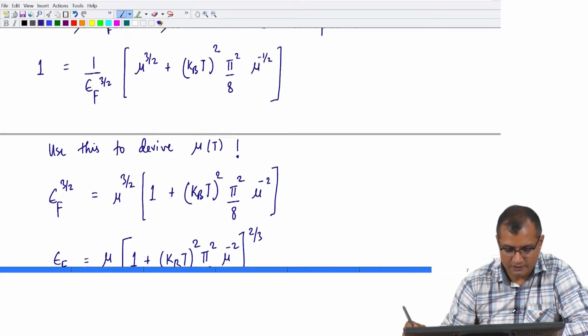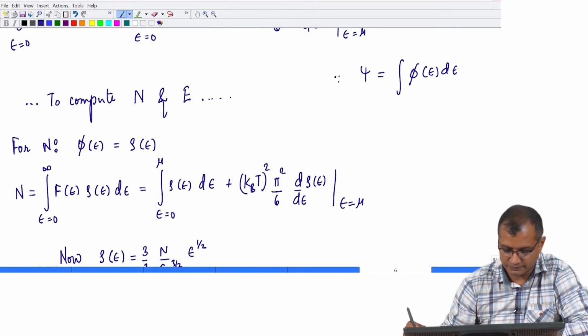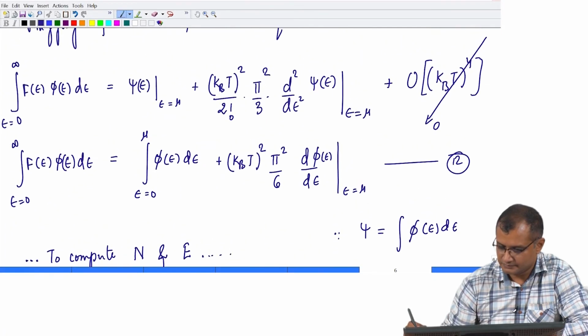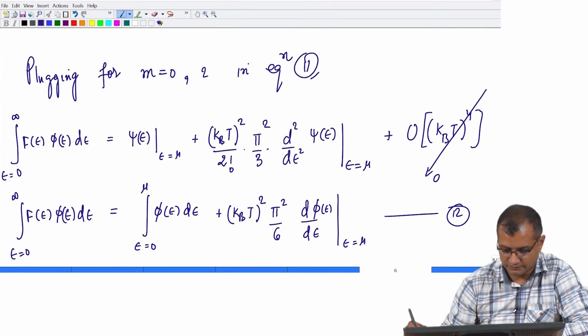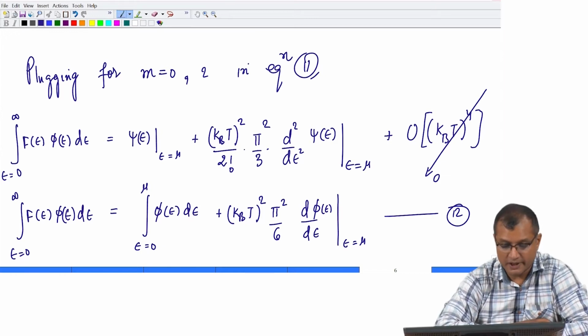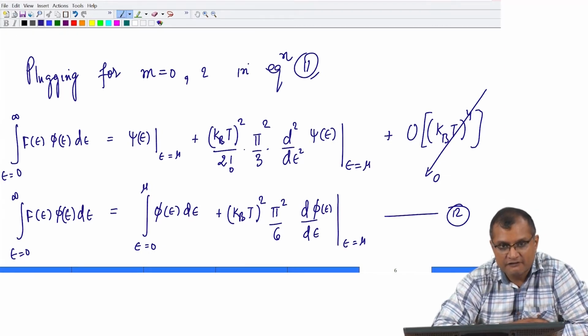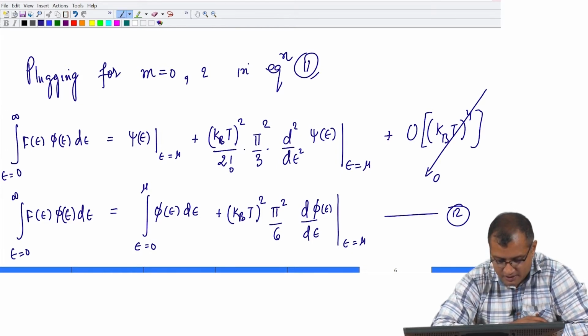So, here I have a formula. If you look at equation 12, in the left hand side, if I replace phi of E as E times the density of states, then it is nothing but the expression for total energy.